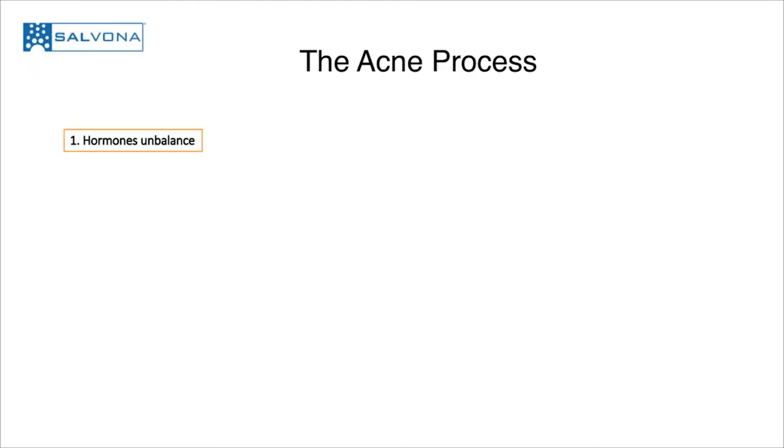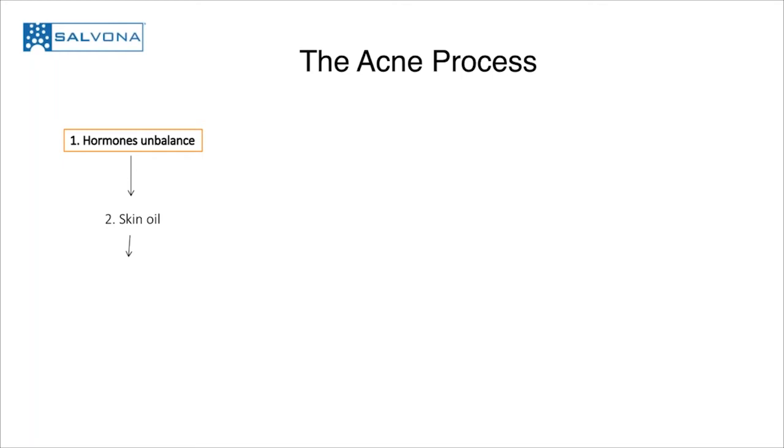I would like to review the acne process this time and also show you what treatments we could use in order to stop different steps from creating the full blown acne. The process starts with an unbalance of hormone secretion. As a result of this, there is excess of sebum secretion and the skin becomes oily.